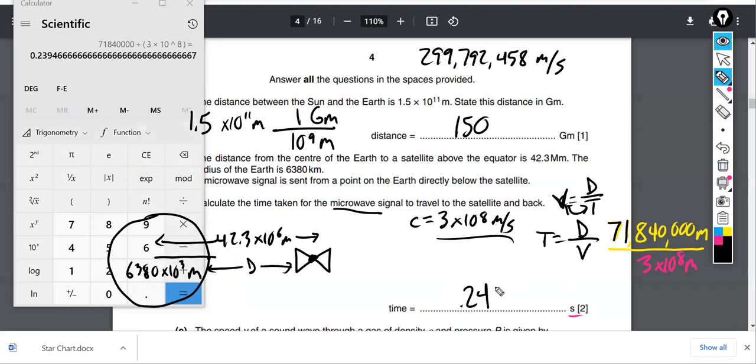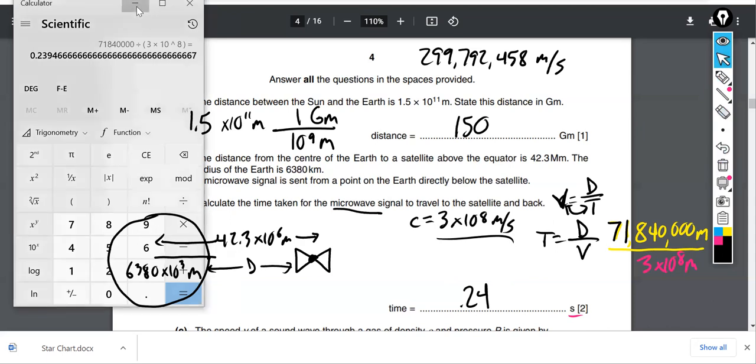So about a quarter of a second to send a microwave signal to the satellite and back. This is what's going on with your cell phones all the time, right? Communicating with satellites that are about that distance away. It's like if you called somebody standing in front of you, you can see them talking, but you don't hear them. It takes a little bit of time for it to be relayed through satellite. Don't disconnect this from reality. It helps us learn a little bit better.